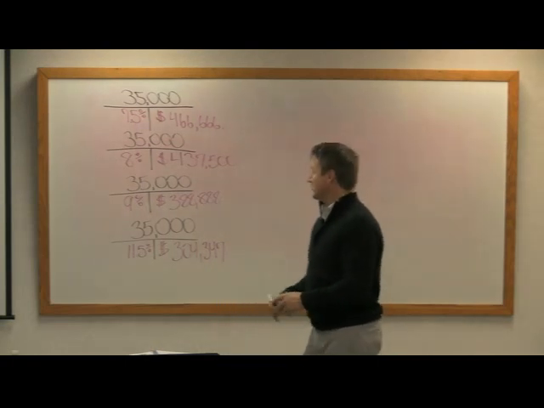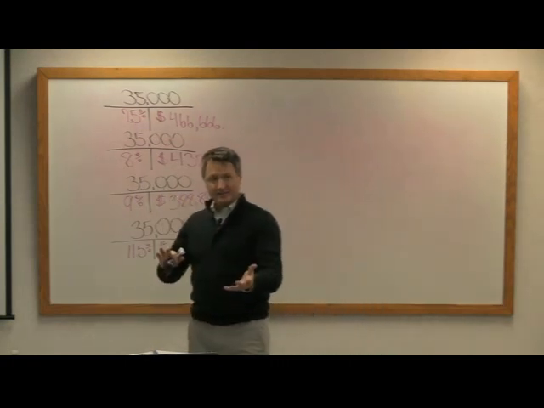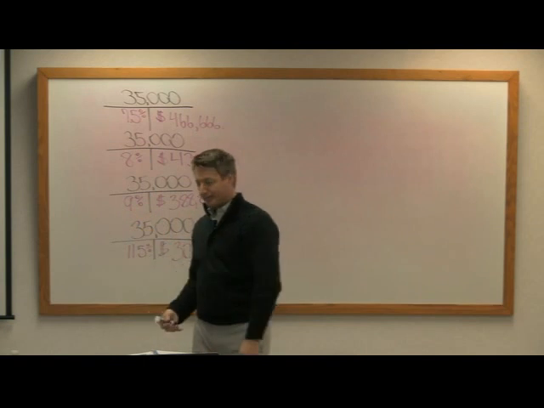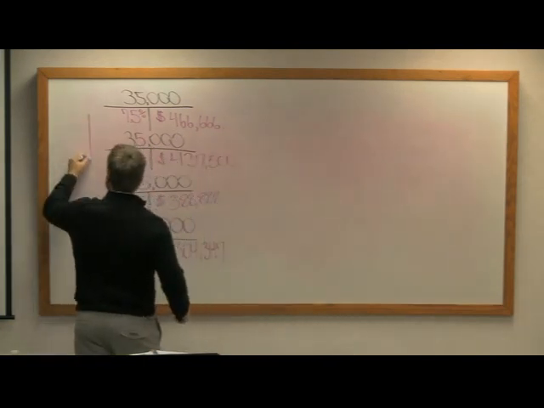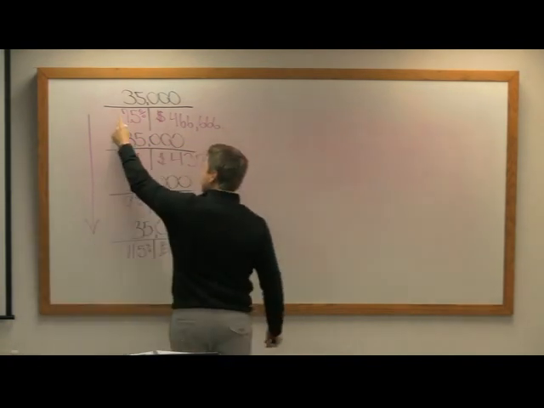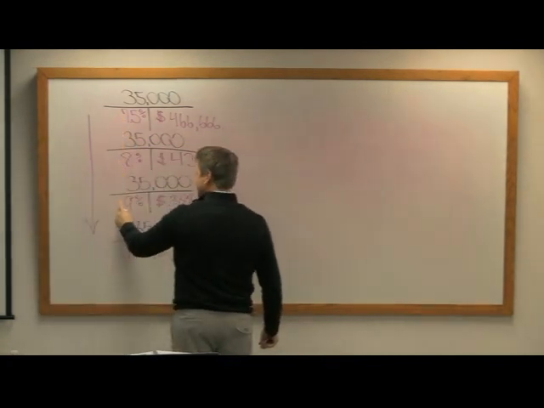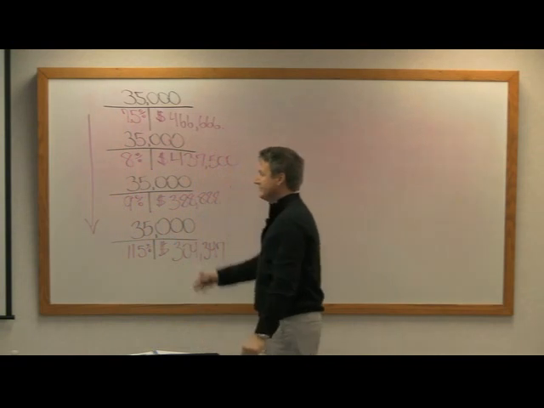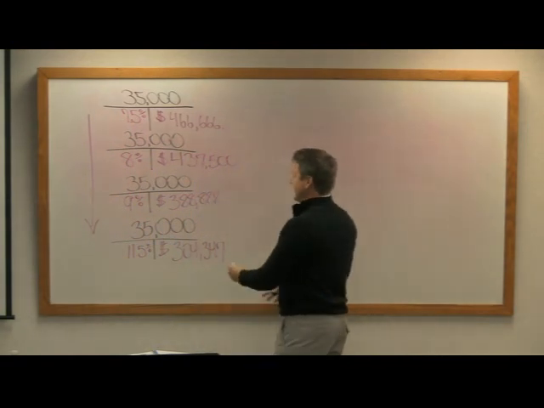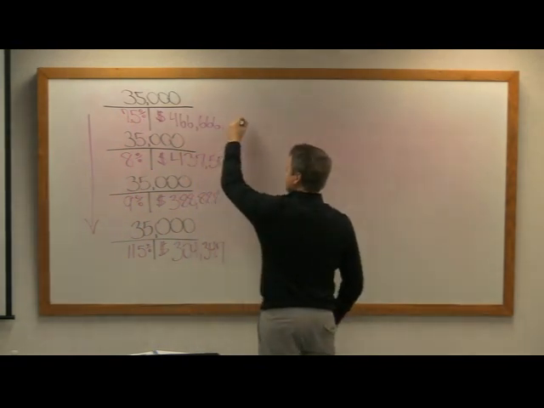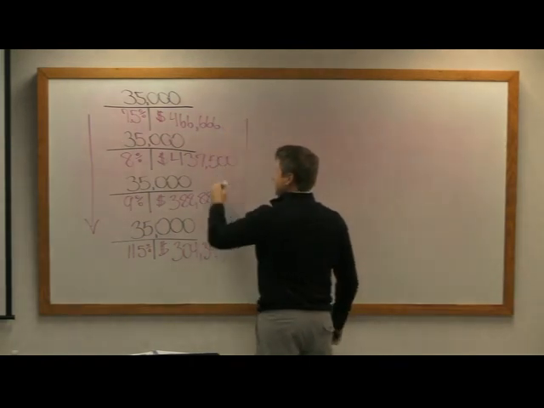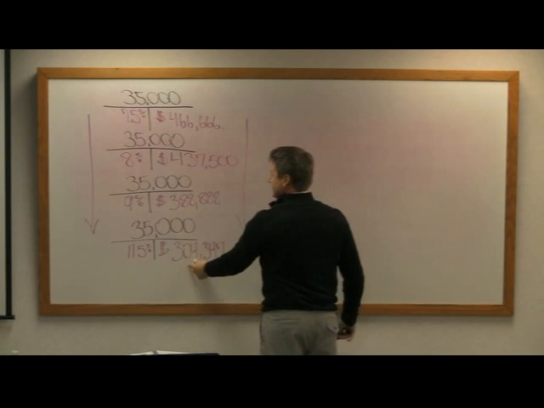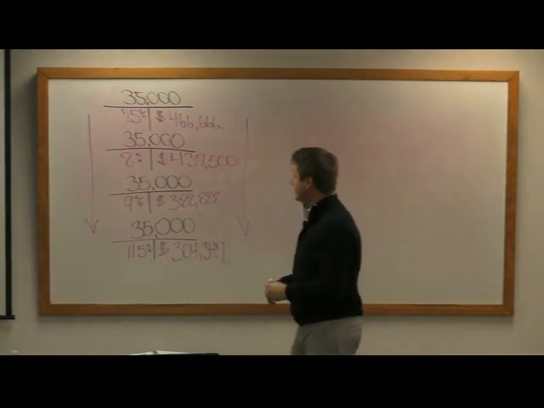So when we look at this slide, we'll see that as the rate gets bigger, 7.5, 8, 9, 11.5% as we look down, the value continues to go down as well. So we have 466 all the way down to 304,000.